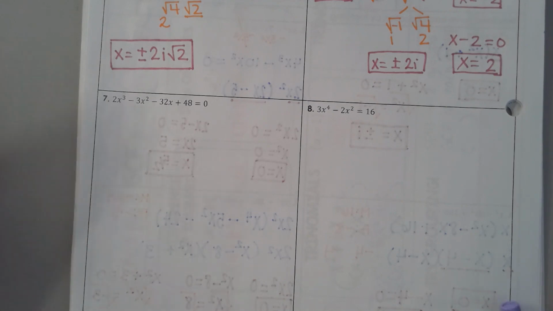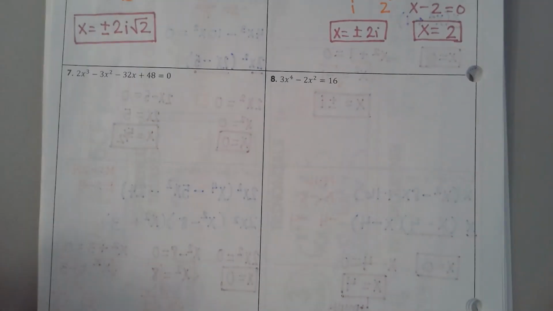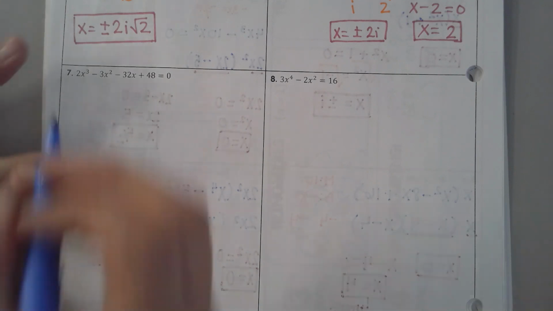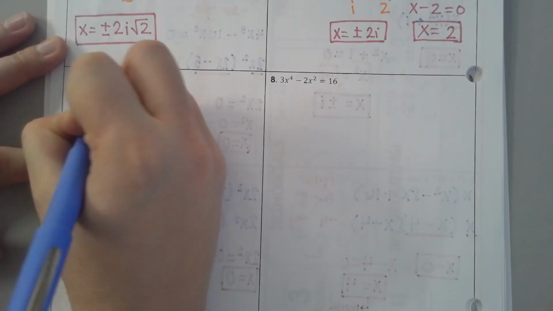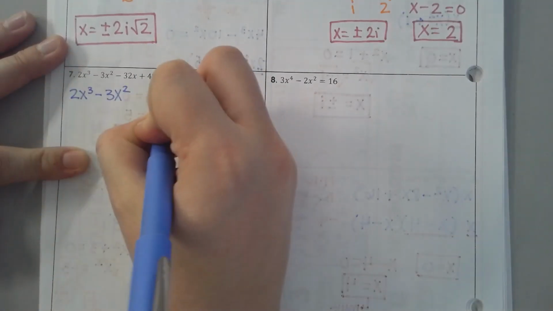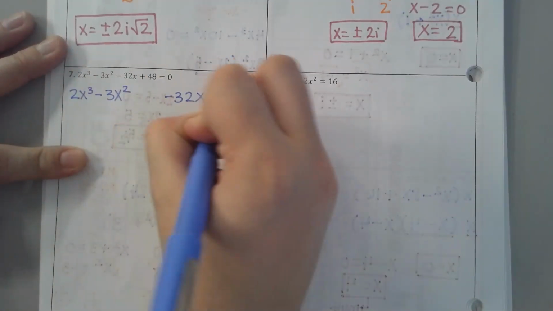Is there a GCF among all 4 terms? No. So there are 4 terms, which means we have to do grouping. And so I'm going to take the first 2, and I'm going to take the second 2 and kind of split them up.